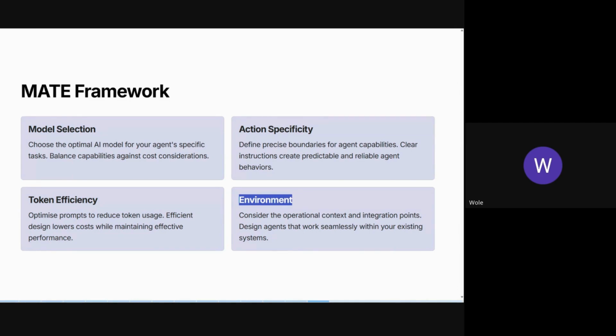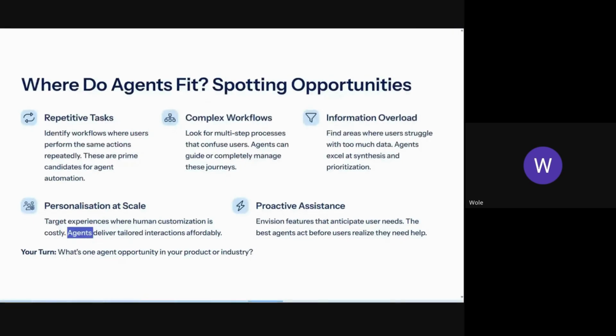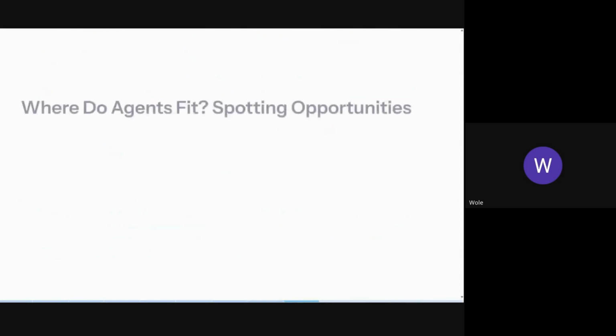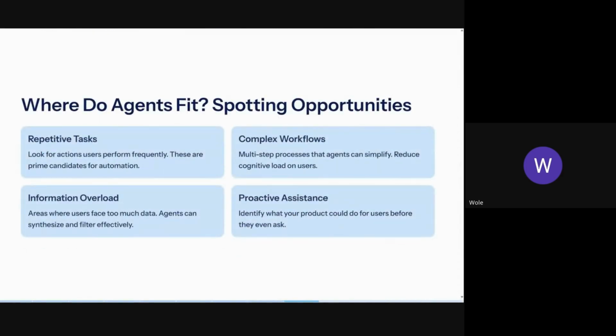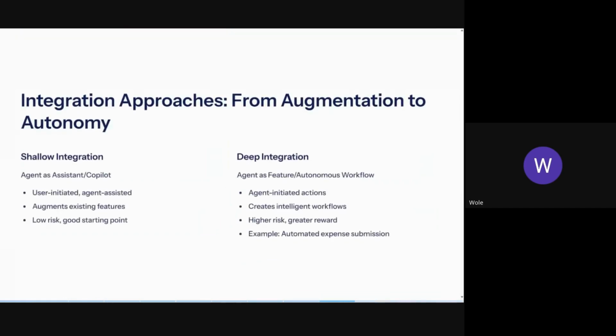Like I said, perception of the environment, and this is the environment in which it will be working in. So we're back here. You have this, it's just this again. Repetitive task.